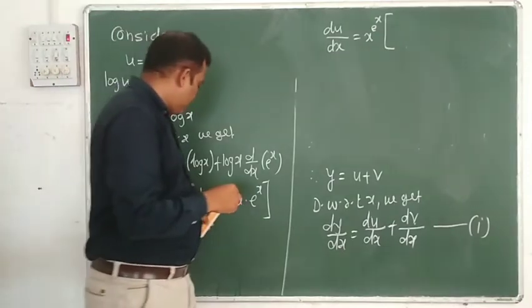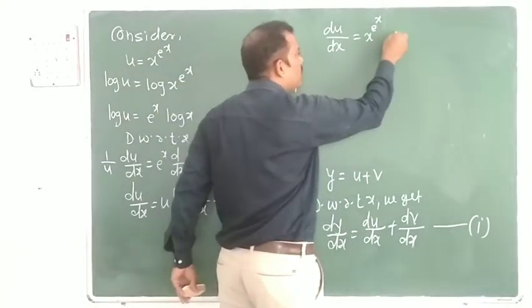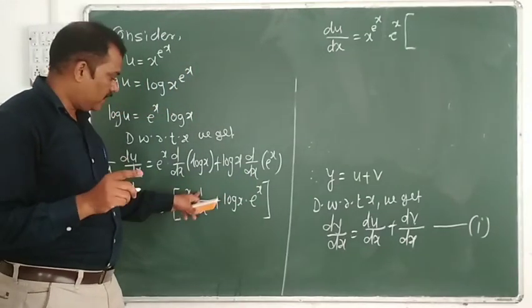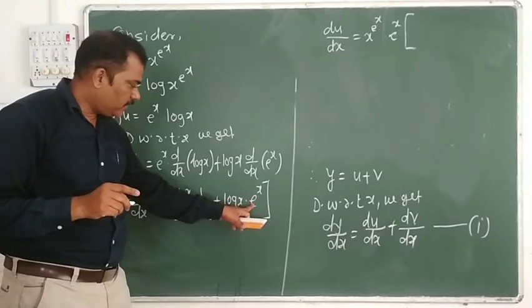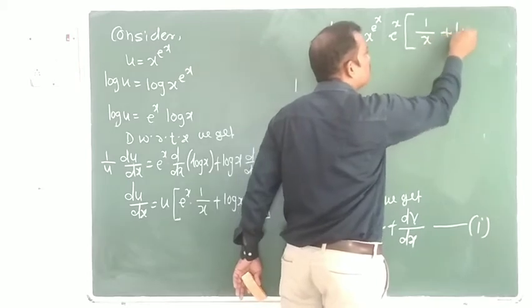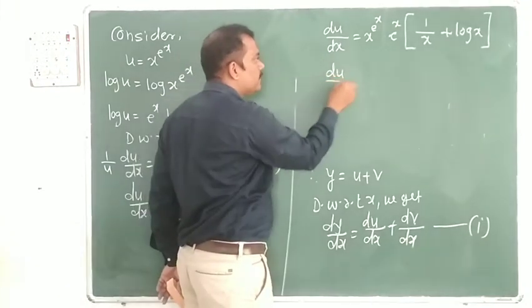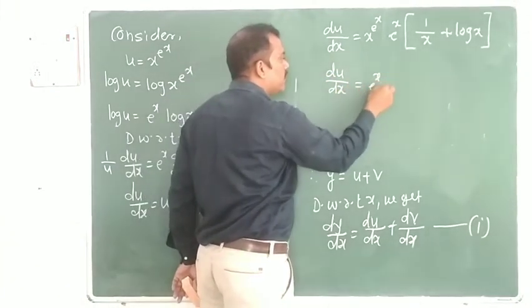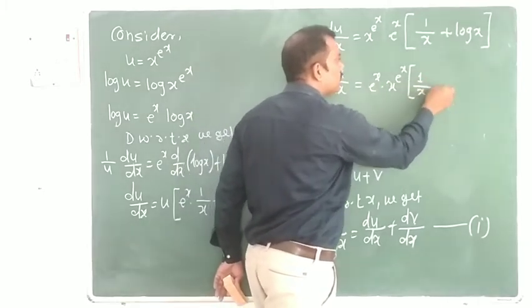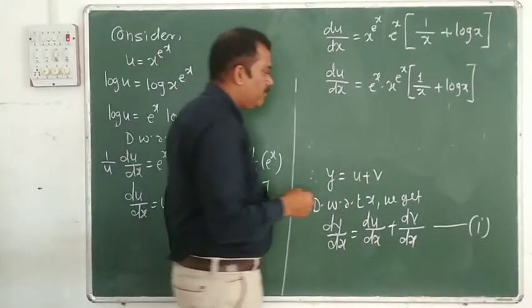We take e raised to x common, so remaining 1 upon x plus log x. So du by dx is equal to e raised to x into x raised to e raised to x into bracket 1 upon x plus log of x. Suppose that for this we give the second number.